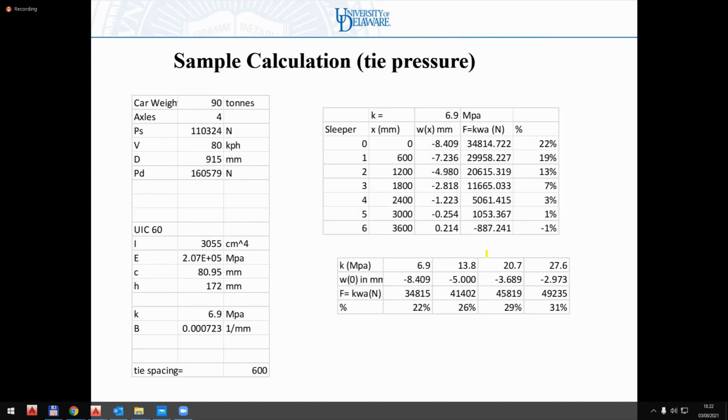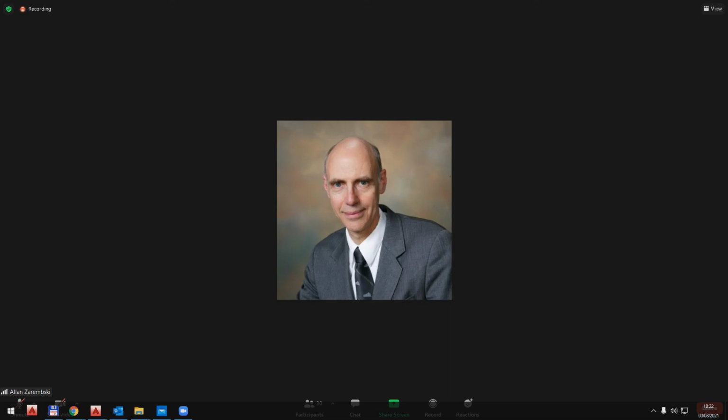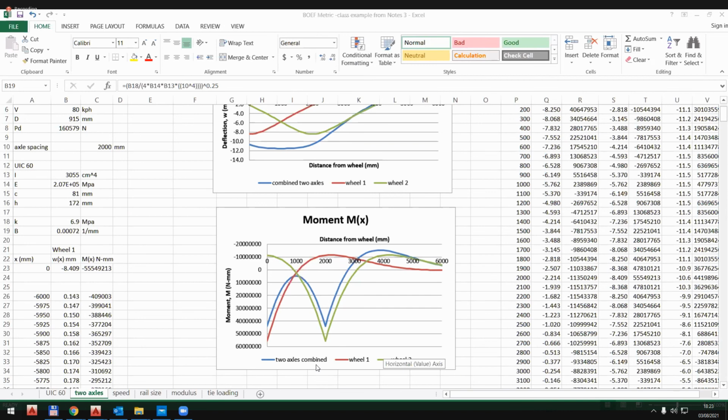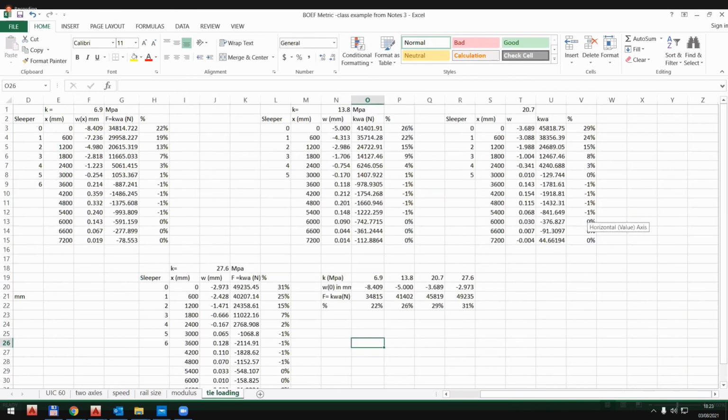So if I wanted to do a sample calculation on that, let's go back to our spreadsheet. My K, we know from the previous case, was 6.9.